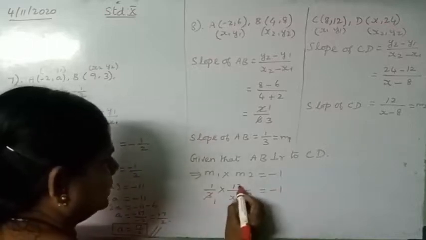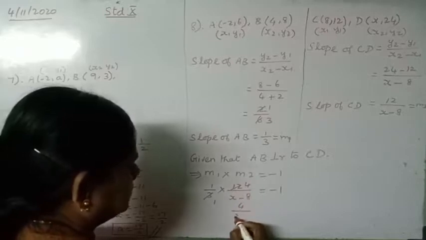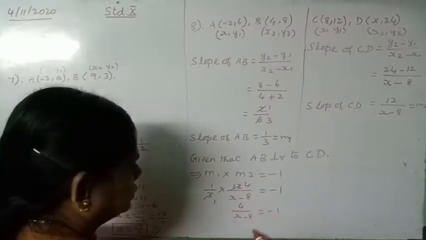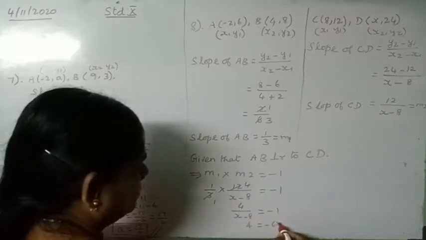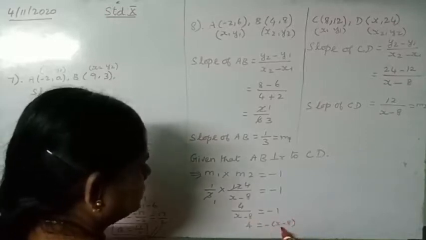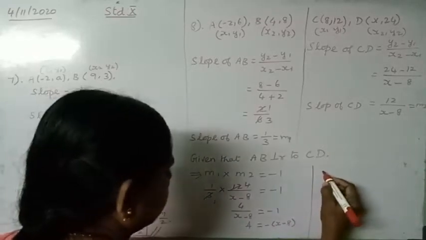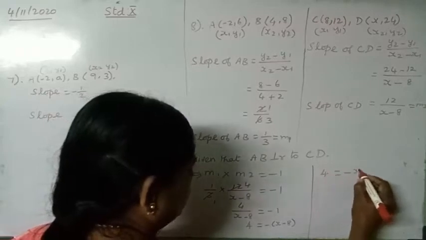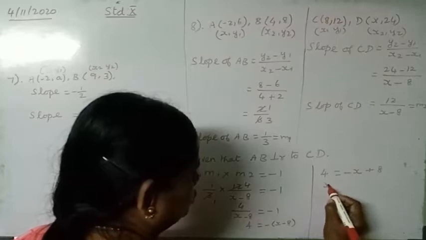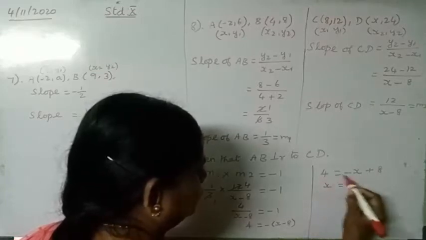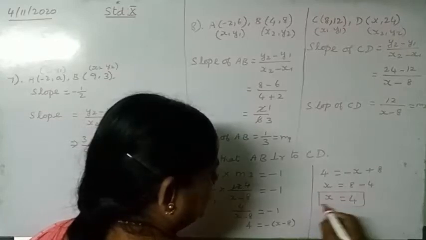Now 3 ones are 3, 3 fours are 12. So 4 by x minus 8 equal to minus 1. Cross multiply, 4 is equal to minus of x minus 8. The minus going inside, it becomes 4 is equal to minus x plus 8. Now bring this x to this side, there is 8 here, and bring this 4 to this side. So x is equal to 4 is the answer.